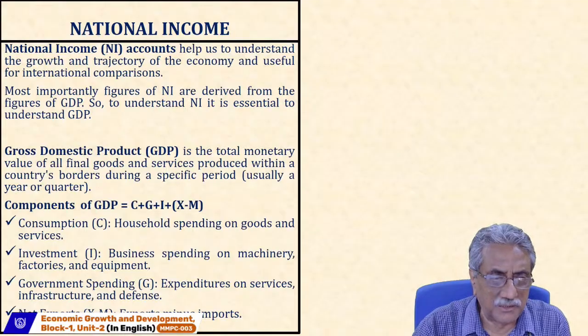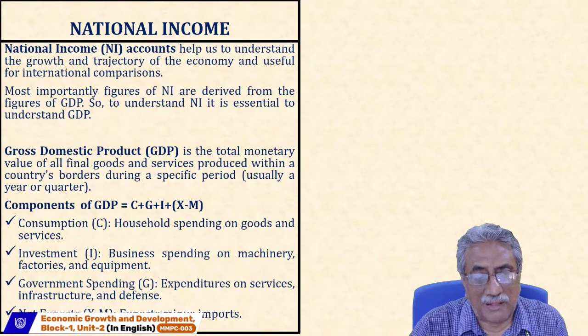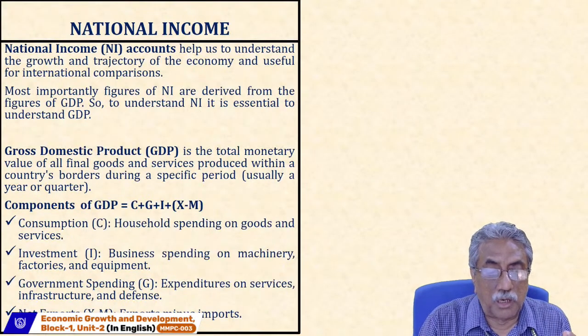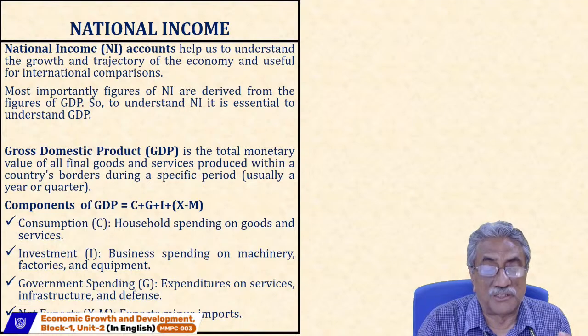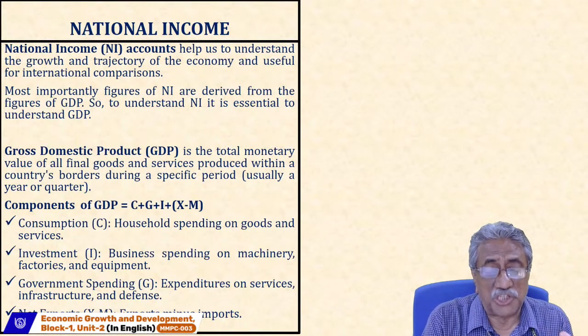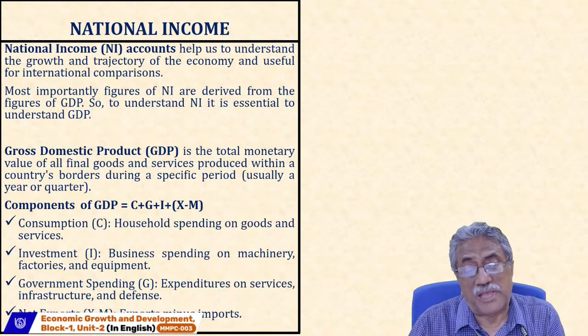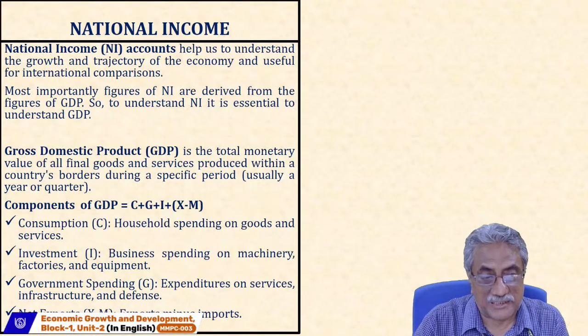Ultimately, they are buying something. So this is important. And then net exports. Exports is X, M is imports. So net of export and import. If I am not producing enough, my import will be more than the export because I am importing and using. And if I am producing more, then I will be exporting more, importing less.